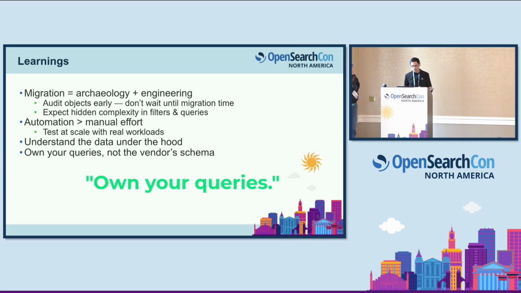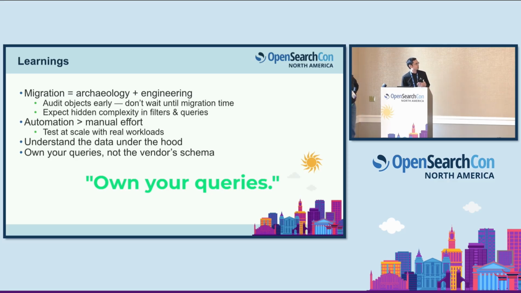And some of our learnings: migration is definitely a bit of archaeology, a bit of archaeological digging, plus a bit of engineering. Something that we recommend is really to audit objects as early as possible. Don't wait until migration time. Our team worked pretty much from the very start to audit objects and figure out a migration path for them.